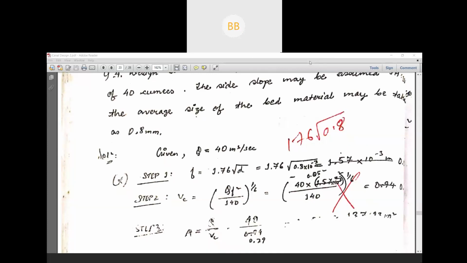How much silt factor did you get? I think it will be 0.29. You people are getting silt factor equal to 0.29. How much silt factor did you get?